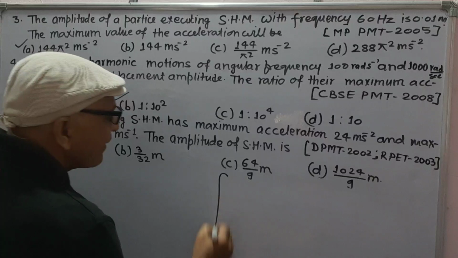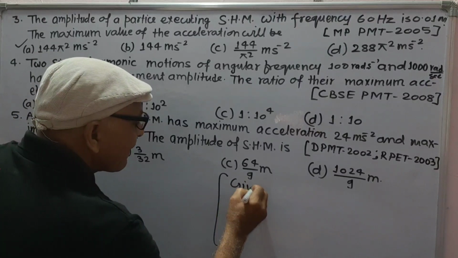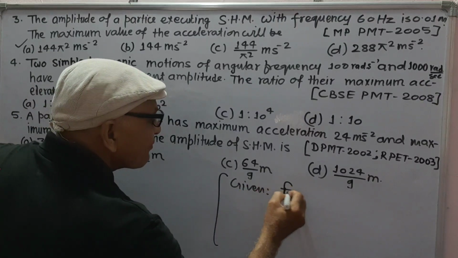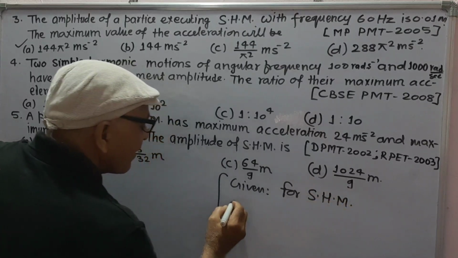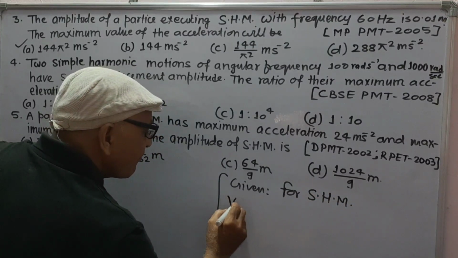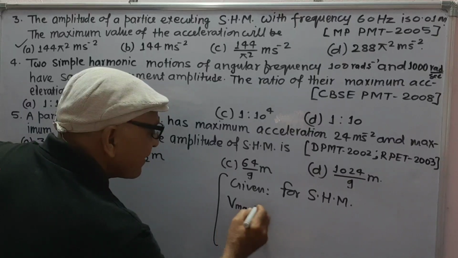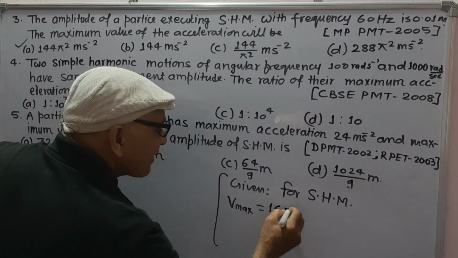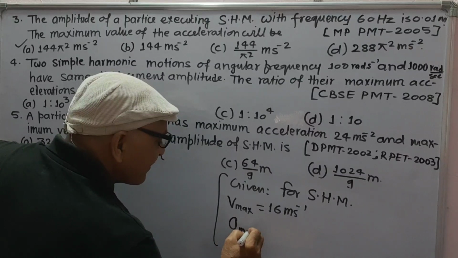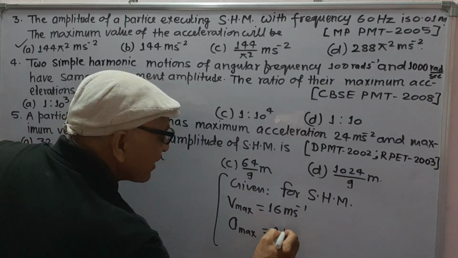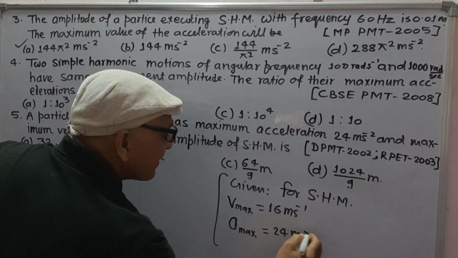Here, given for simple harmonic motion, V maximum is 16 meter per second and A maximum, the maximum acceleration, is 24 meter per second square.